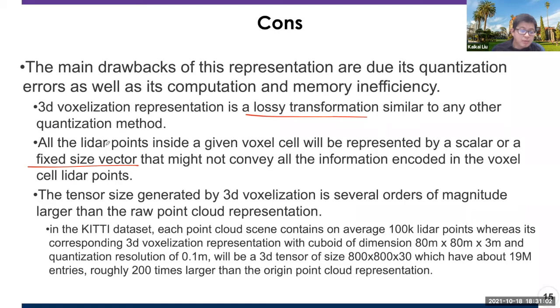Another thing is LiDAR points are very sparse, there are lots of empty points, but the voxelization process is very dense. So it may generate more data. The generated size may be larger than the raw point cloud representation. So this is a potential issue. The computation cost is pretty high, because every grid has a dense representation. So this is the problem.